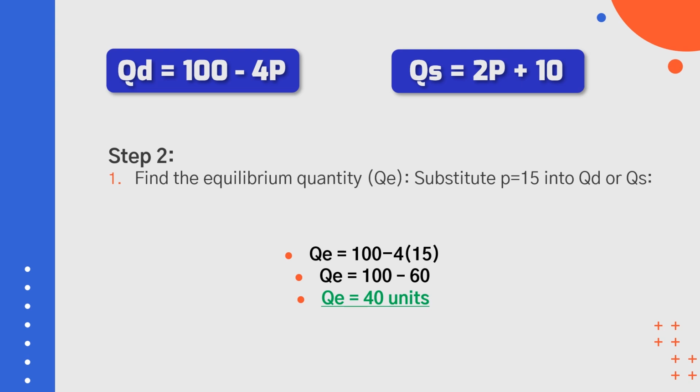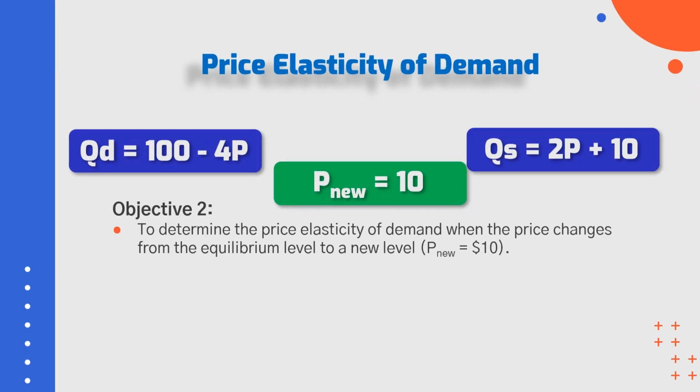Fantastic. We have provided the full answer to the first question. The next question or subtask requires us to determine the price elasticity of demand, treating the equilibrium price as the initial. So P1 is $15, excuse me, the P2 or P new is $10. To determine the price elasticity of demand, first of all we have to find the quantity given the new price.